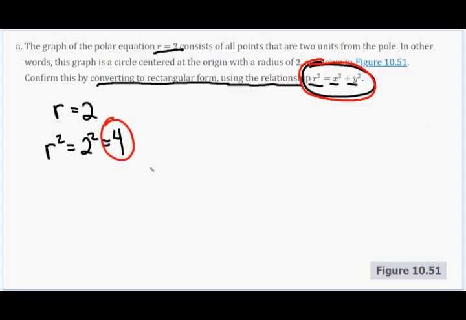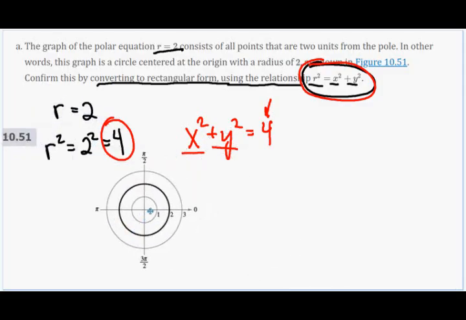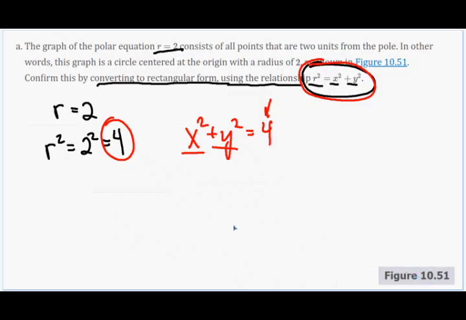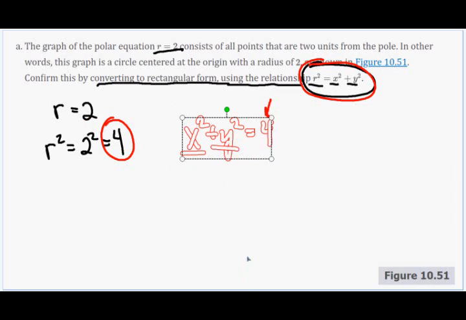Well, our r squared is 4, so we could write x squared plus y squared equals 4. Again, that is just the equation of a circle. This is our radius squared. So what we have is a circle centered at the origin of radius 2. Again, our polar equation is just r equals 2. Here it is in the rectangular form for a circle.